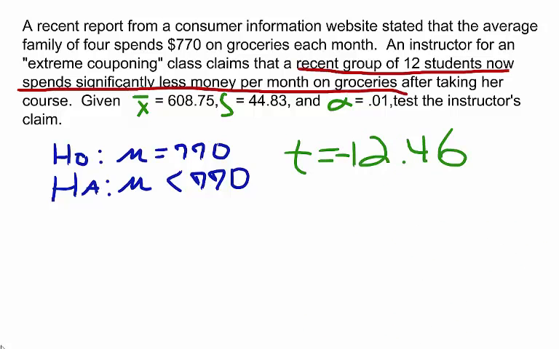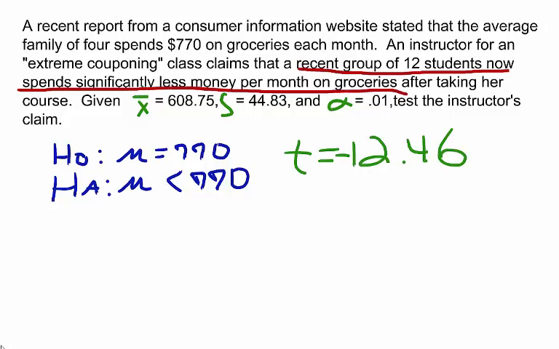Using our t-score of negative 12.46, we can find the probability. What we're trying to determine is whether or not students of this extreme couponing class really are spending significantly less when compared to the population mean of $770.